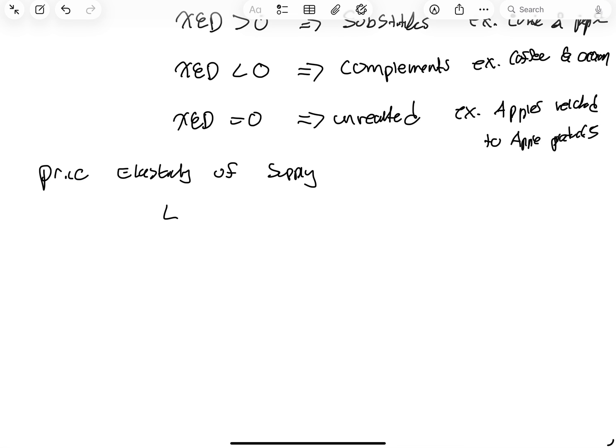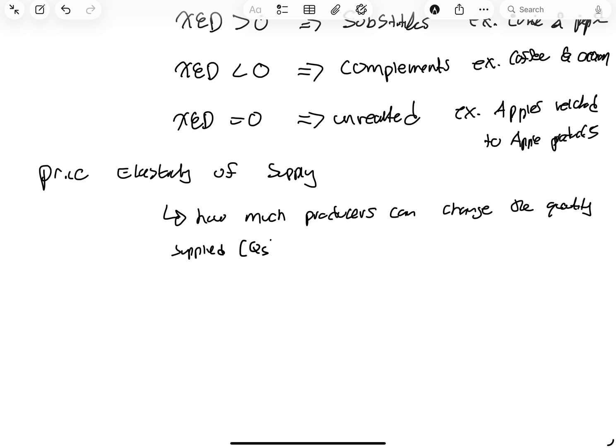What this measures is how much producers can change the quantity supplied, so QS, when price changes. Okay, how do you calculate this?